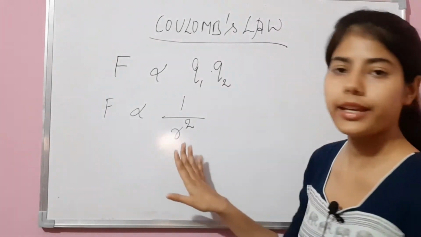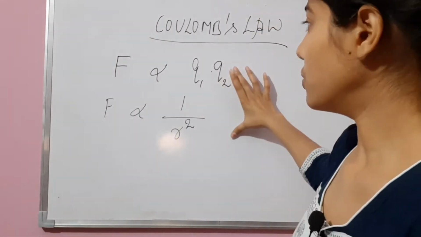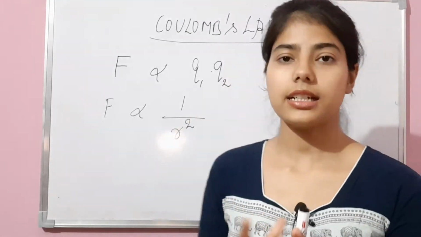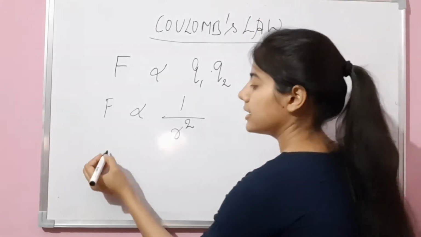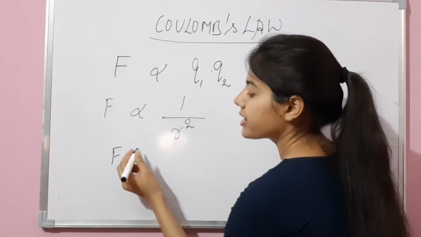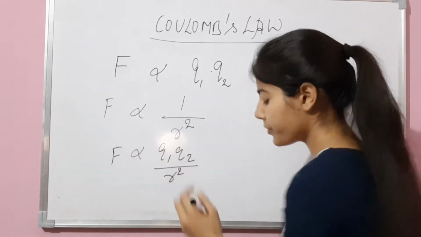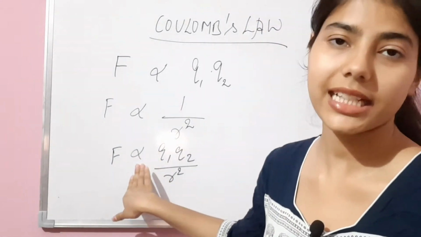Okay, so here we can see that from these two expressions we can combine them and we will get a net force that will be represented in mathematical form as F is directly proportional to Q1 Q2 by R square. And if we remove this proportionality sign, what we will get?